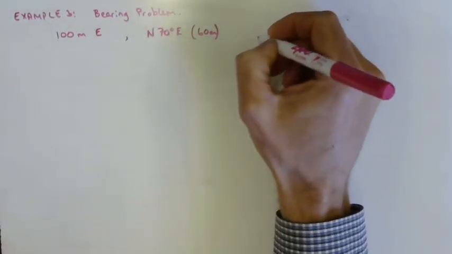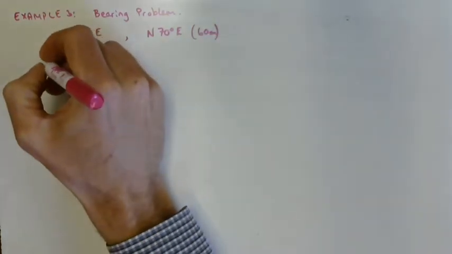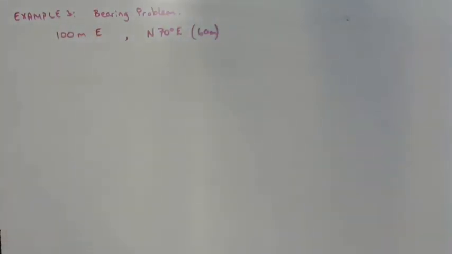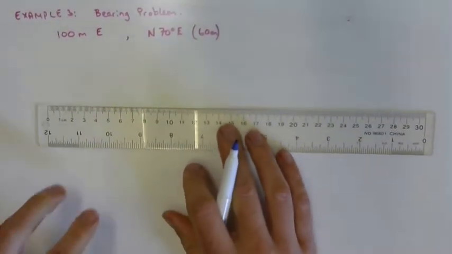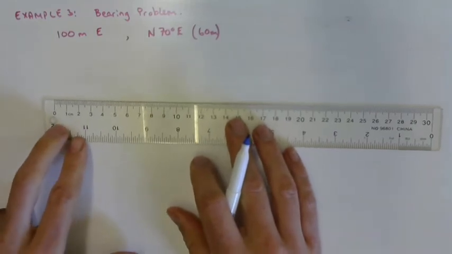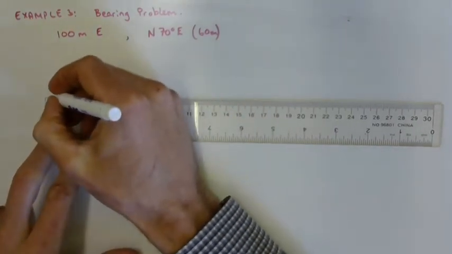So we're looking for a vector that says how far did you go and at what bearing. So we're going to use a drawing, and we're going to try to do our drawing to scale as best we can. Get out my trusty ruler here. And so we're going to head from our starting location, let's call it A here.